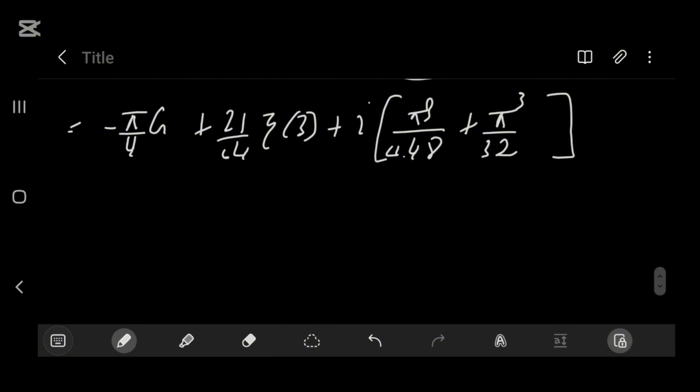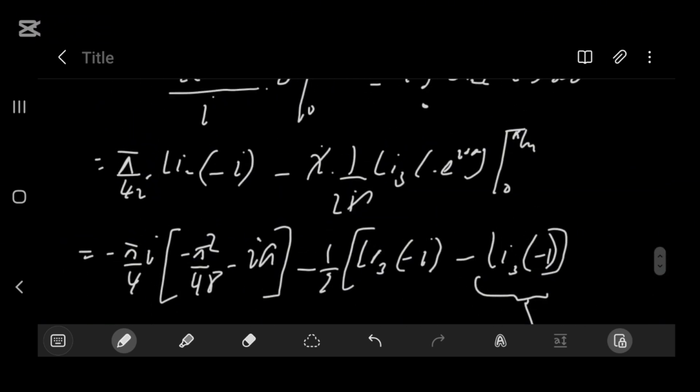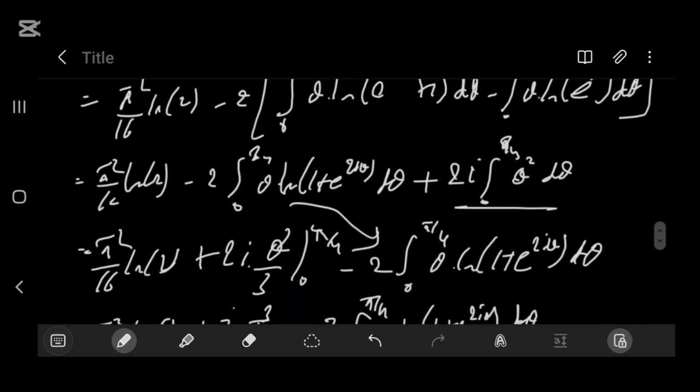So let's sum it up. We get I3 equals to, let's rewind it.